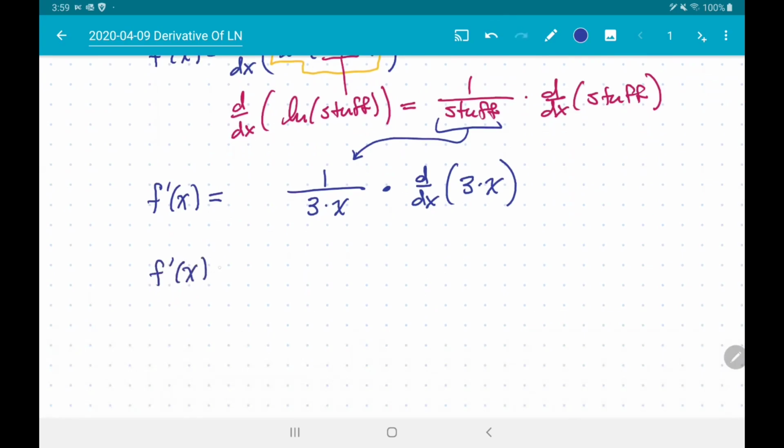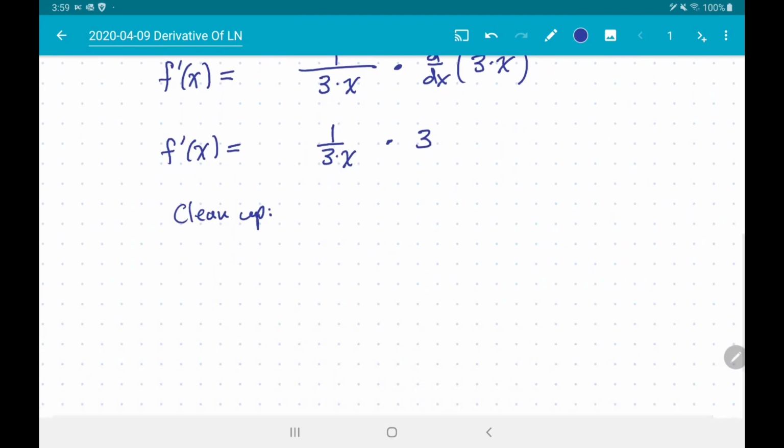There's one unfinished derivative step, and that is here, the derivative of 3x is 3. Now we're finished with the derivative operations, and all that's left is to clean up a little bit. If you notice, we have a bunch of multiplication and division.